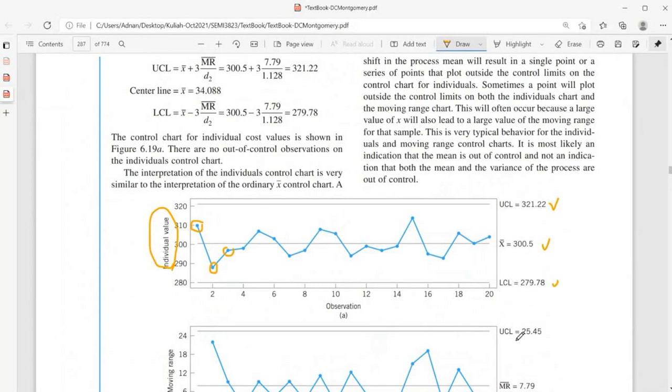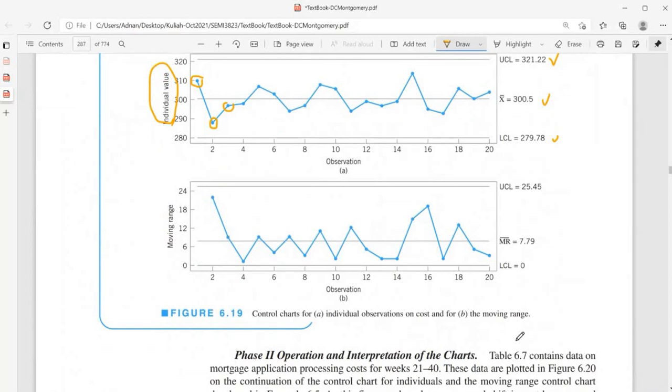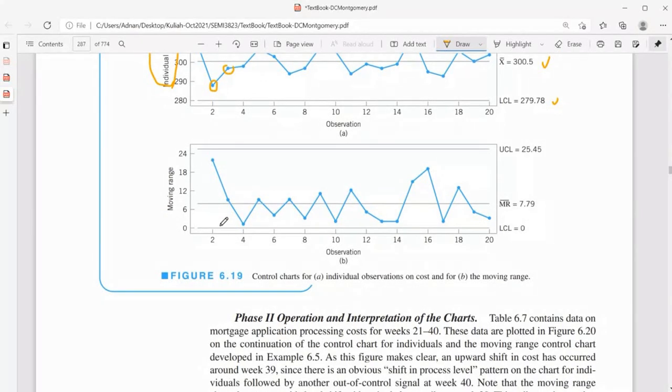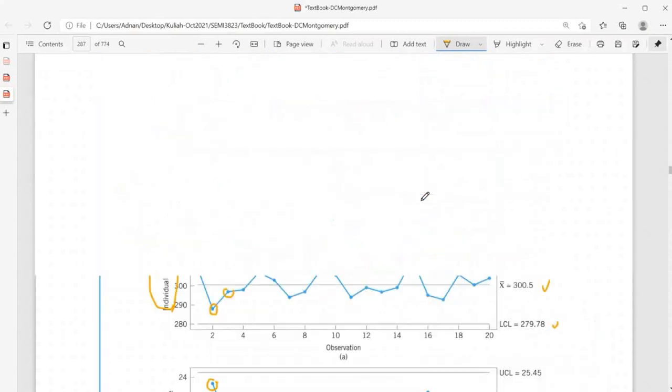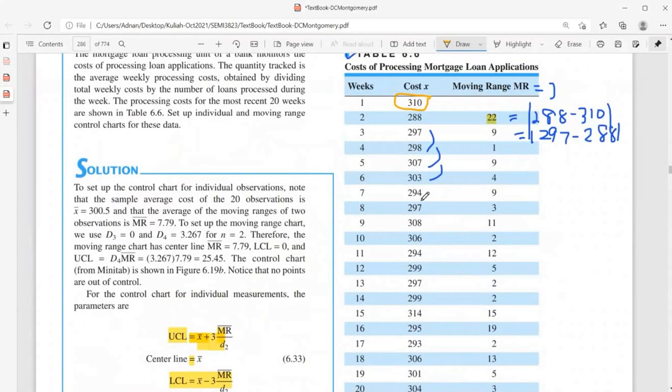For the moving range, we have this MR chart. What we plot here are the MR values. The first one, I think it was 19, sorry, 22.